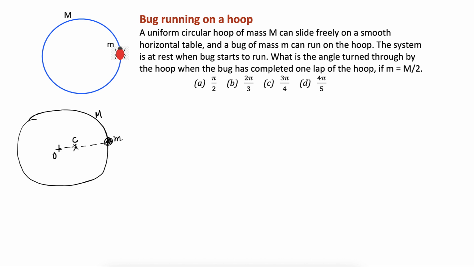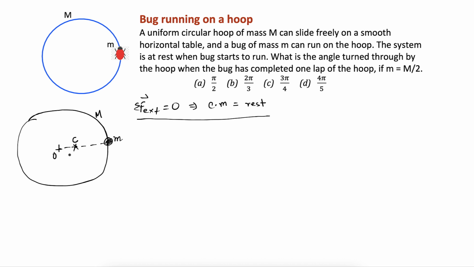Since there is no external force, the movement of the center of mass will be 0. So if the external force is 0, that means that the center of mass is at rest. And this is the most important concept here. Rest everything is very simple.